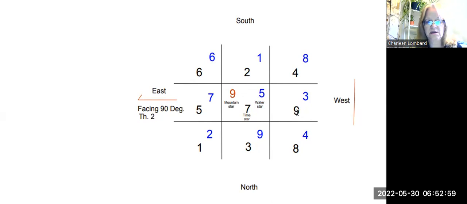The 9 is the sitting position. So the 9 is the mountain star. Okay. I won't go into how you fly those because it's a little complicated, but what I want to focus on today is the combination stars. So I'm going to go through a few of the combination stars.